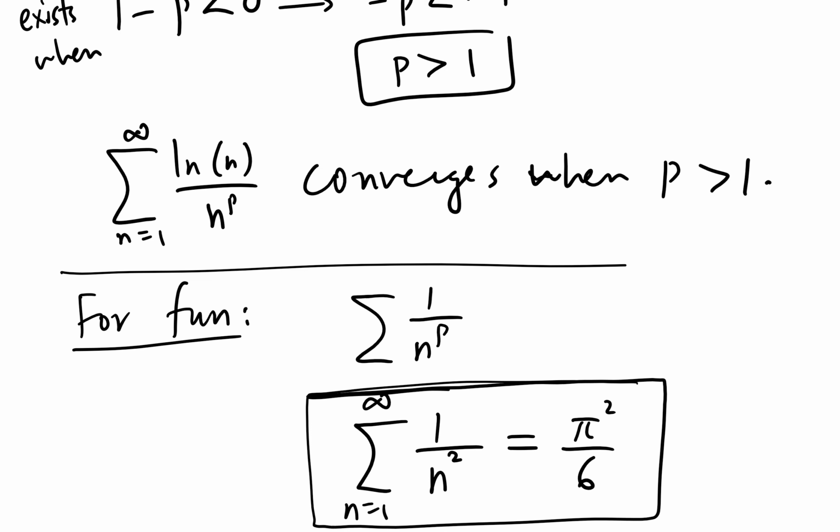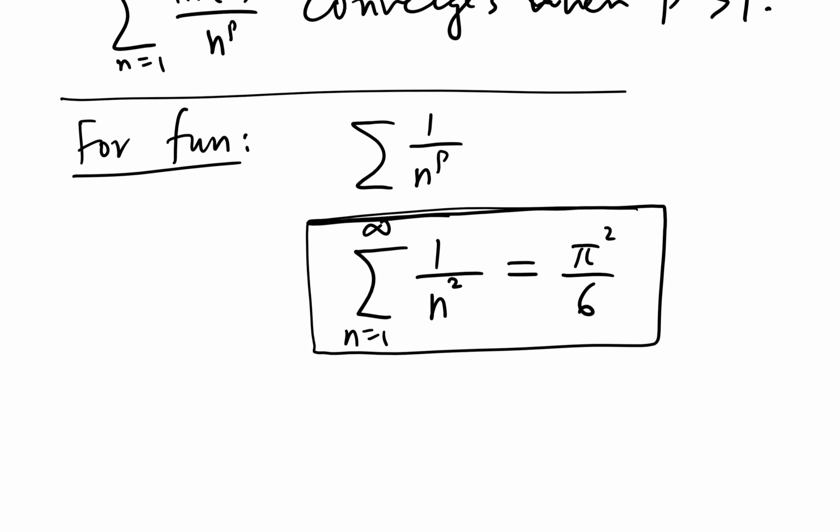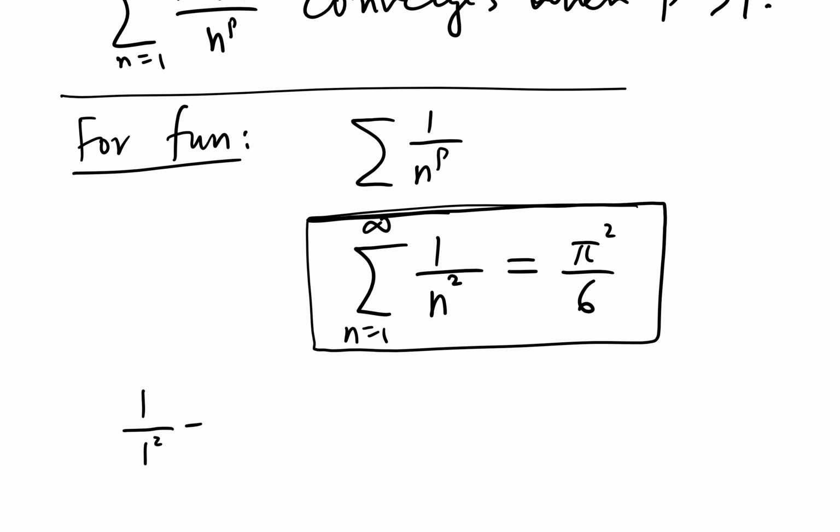Which is a very interesting result. We know it converges, right? So he proved that if you take 1 over n squared, n equals 1, 2, 3, all the way to forever, you will get pi squared over 6.